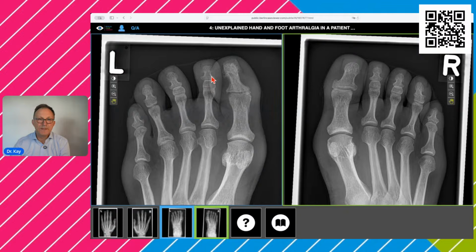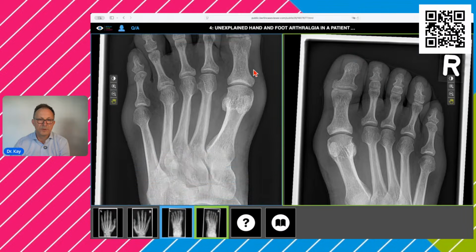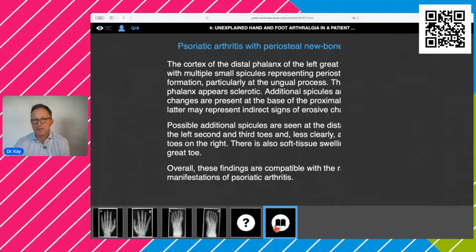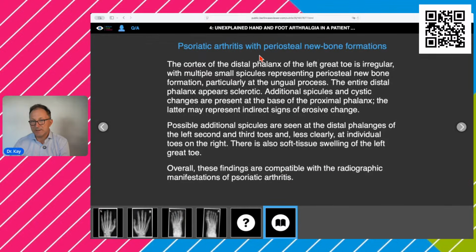So I don't think that there are periosteal reactions also on the other toes. Of course, it's also a matter of debate, but I would say the first toe sticks out here. So this is a patient with psoriatic arthritis with periosteal new bone formation, especially at the left great toe. And you can read it up here.